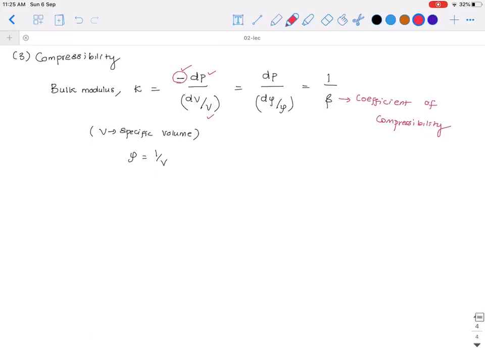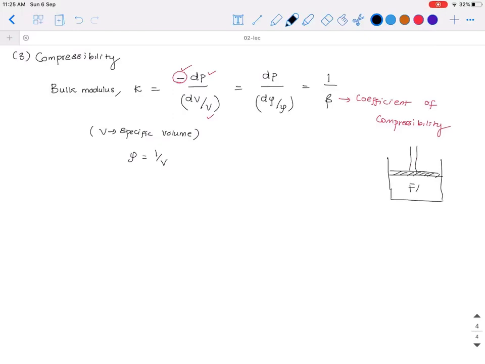To understand the bulk modulus, let us consider a simple piston cylinder arrangement.